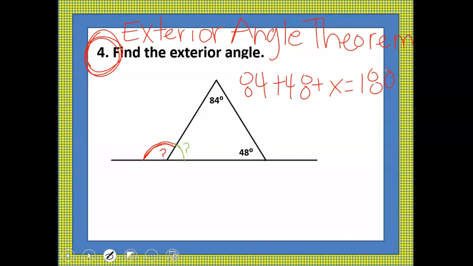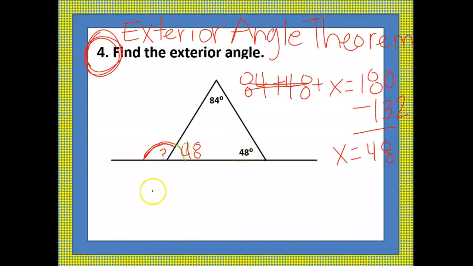So I would add up the 84 and the 48, and I would subtract that from 180. And that would be that x equals 48. And we saw that earlier. We saw that one of our triangles looked like this with the bottom 2 the same. If you remember, that's an isosceles triangle in the bottom when 2 of them match.